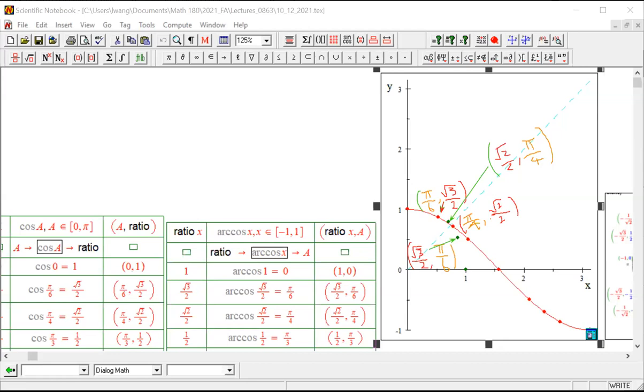Yeah. And this is the same for every point. And that's the implication when we find inverse. Remember, the first step of finding inverse? What did we do? We swap x, y. That swap implicates not only the domain and range swap, it also implies all the points on one curve are swapped to the other curve.